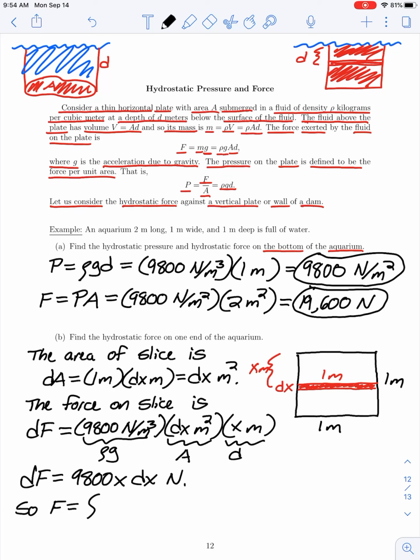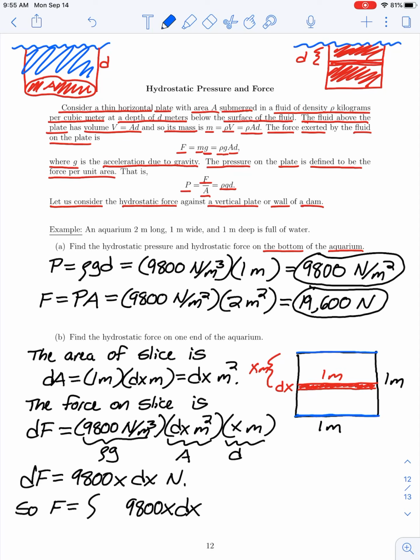And let's think about our limits of integration. So we're adding up our slices from the top edge of this tank, at which x is 0. We haven't submerged our strip to any depth yet. And then we add up down to the bottom edge of this end of the tank, which was 1 meter below the surface of our fluid. So we're integrating here from 0 to 1.